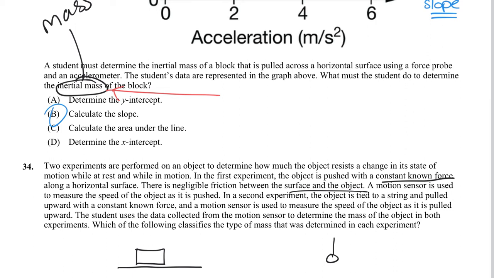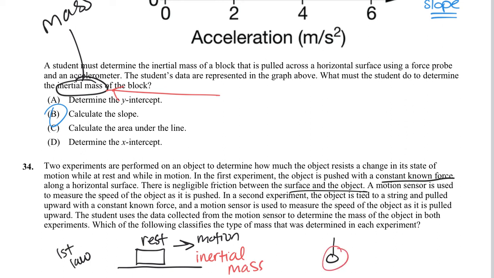So we know that this object is at rest, okay? And if it's at rest, then it wants to stay at rest. But if it's in motion, it wants to stay in motion, right? And we know that's Newton's first law, the law of inertia. So the type of mass that this one would be is inertial mass.